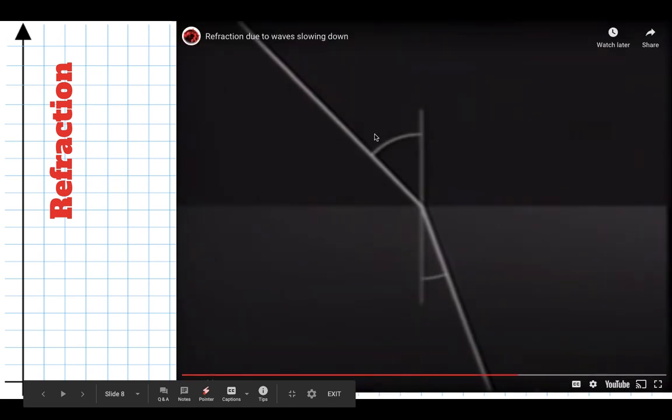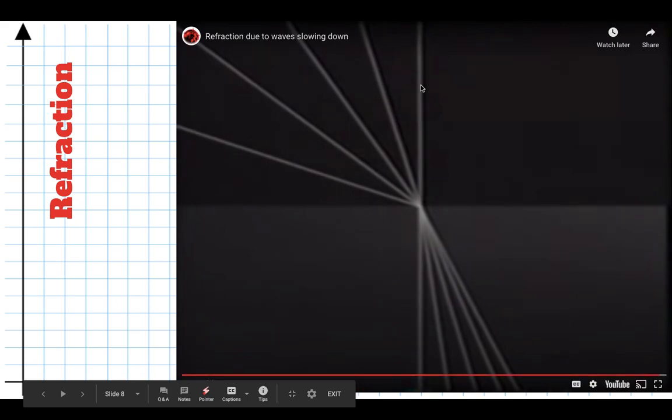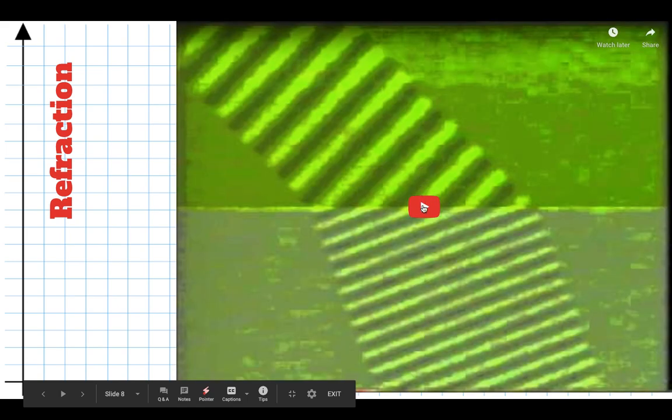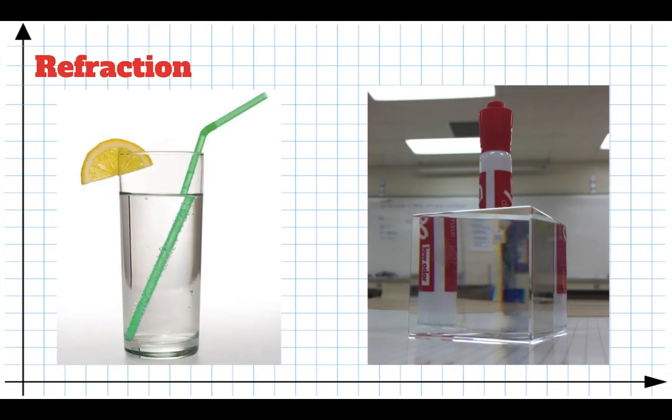We measure those angles from the normal. We call this the angle of incidence, and this angle down here the angle of refraction. And that happens for any angle except that one. If the wagon wheel were to come straight at the interface, neither side would slow down first, and it would keep going straight. So refraction is the bending of light when it travels from one medium to another where it changes speed.